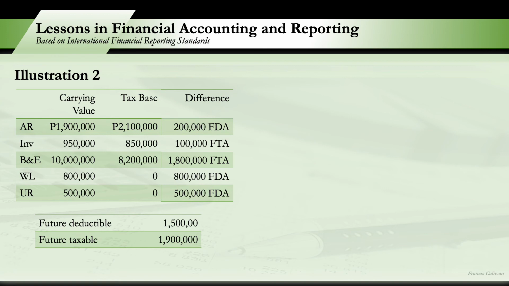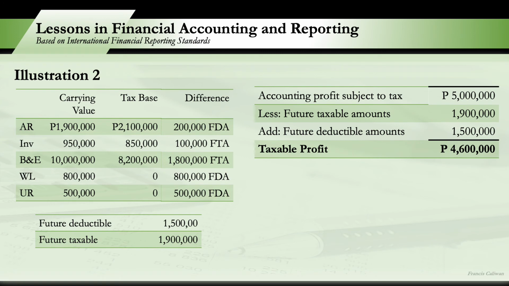Our accounting profit subject to tax is 5 million because we do not have any permanent differences. So our pre-tax profit is also our accounting profit subject to tax. Then we less our future taxable amounts of 1.9 million and add our future deductible amounts of 1.5 million. Our taxable profit is 4.6 million.